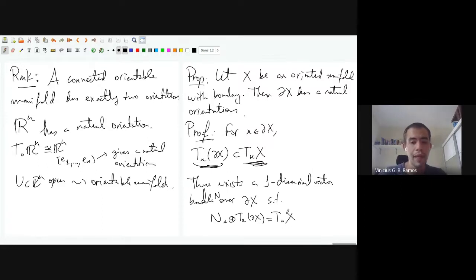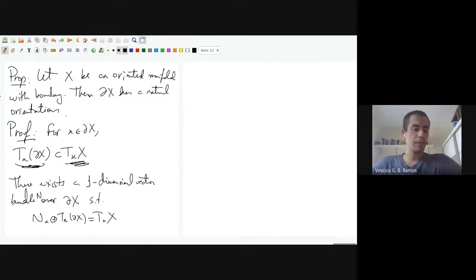This is not completely obvious, but it is true that you can always find a complement. The easiest way to see this is to consider a Riemannian metric on X and look at the normal bundle.